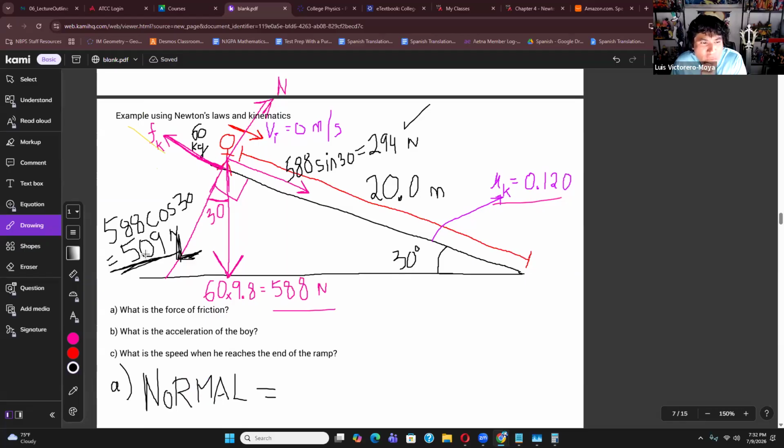So the normal is opposite to this. Normal is 509. Basically, mg cosine is the normal force on an inclined plane.